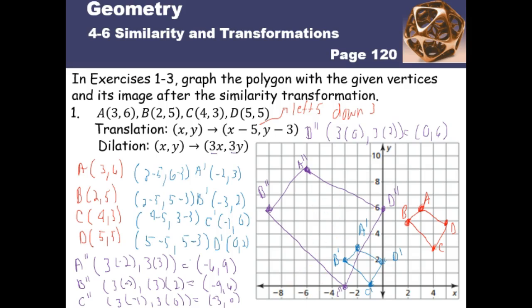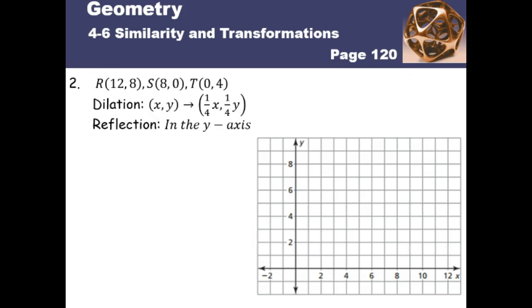Okay, so we're going to do number 2 now. We have R, S, and T, so we have to plot R, S, and T. R is (12, 8).